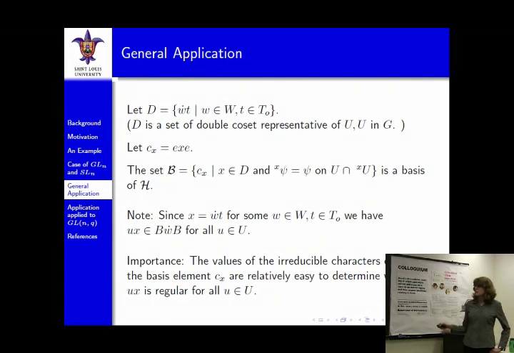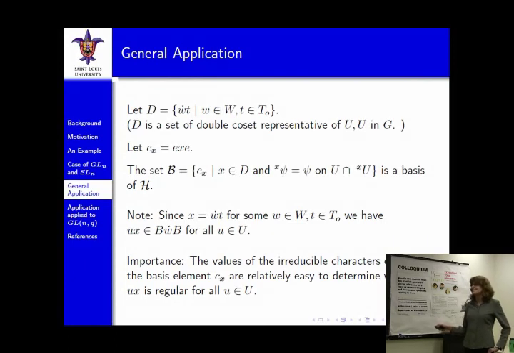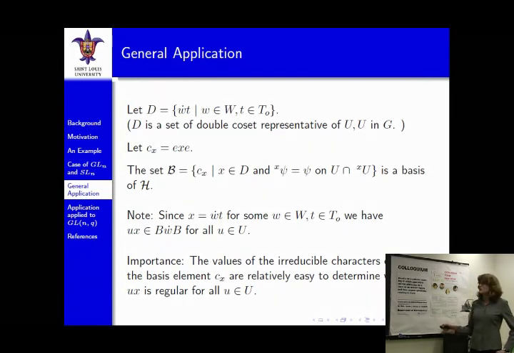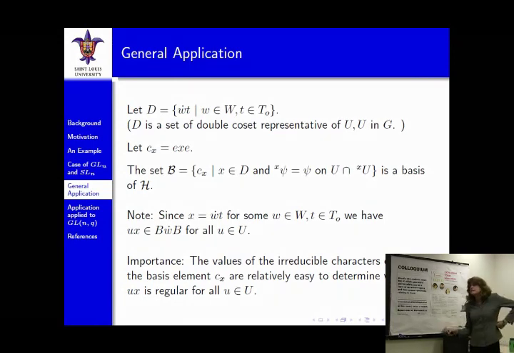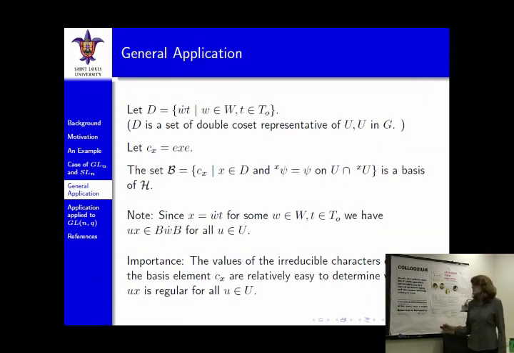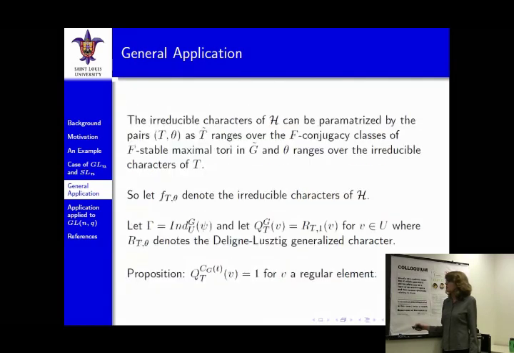So I want everything in the Bruhat cell to be regular. That's why I was looking at that question. I want to find these irreducible characters, so I want that to be easy, or at least part of it to be easy. So I want all of these to be regular, which means I want this Bruhat cell to contain all that is regular. Well, why are the images easy to determine when UX is regular?